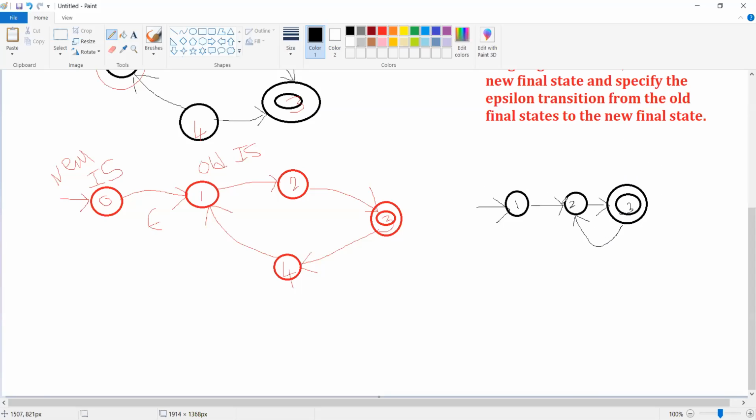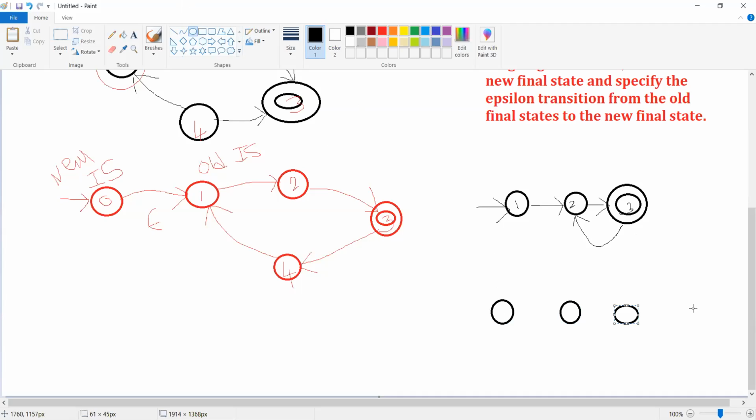As per our rule, the final state should have only incoming transitions but not any outgoing transitions, which is the complete opposite of the rule for the initial state. In such cases, we need to introduce a new final state.